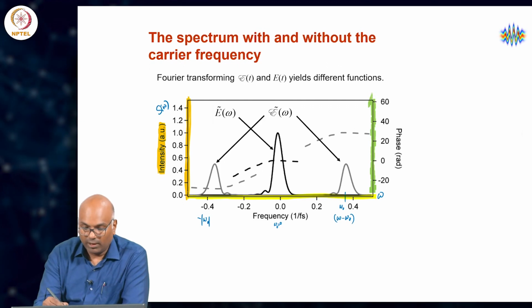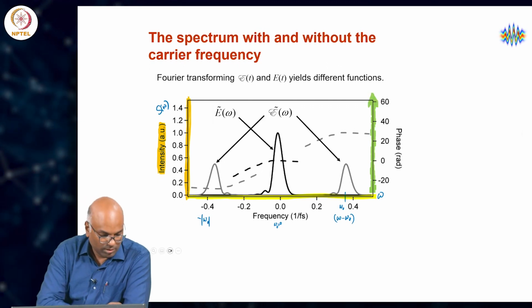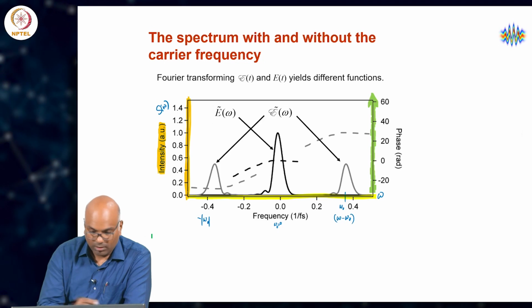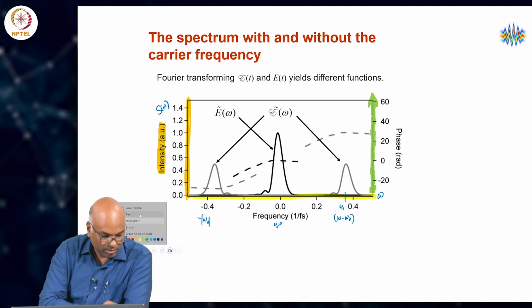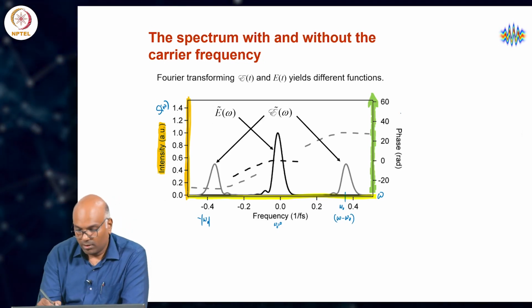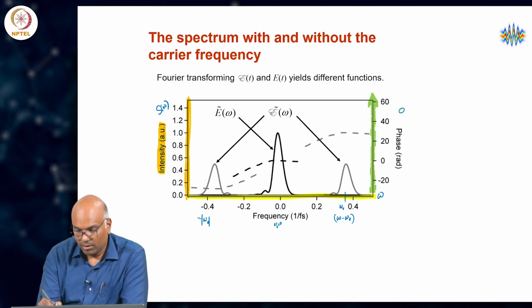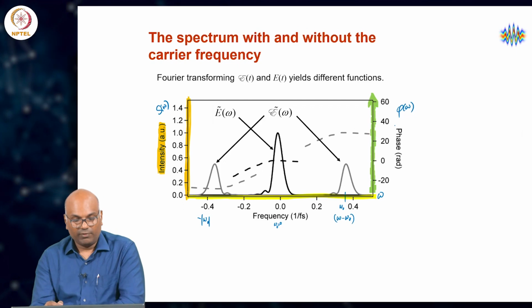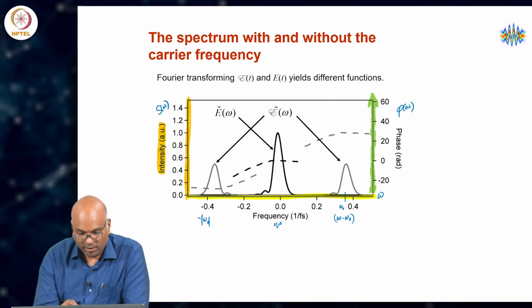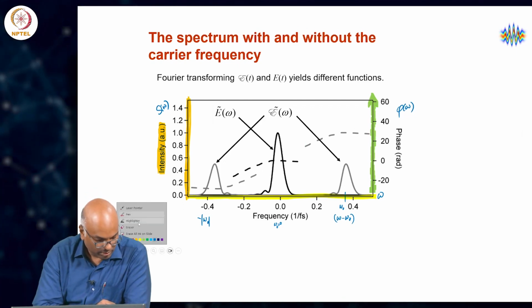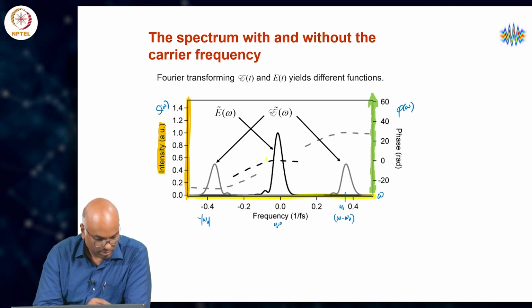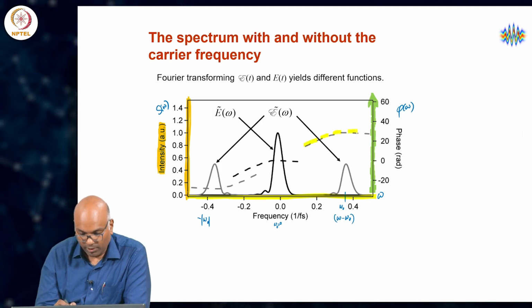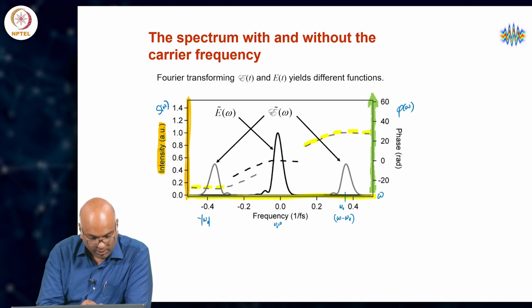This axis on the right is that of the spectral phase, and that is sketched here in dotted lines, corresponding to each of these pieces of the spectrum.